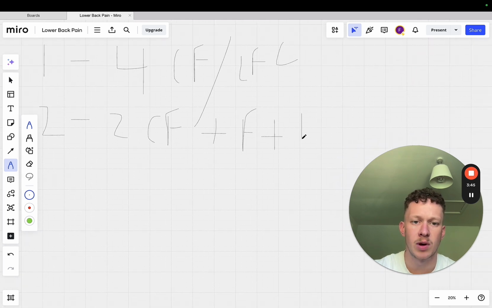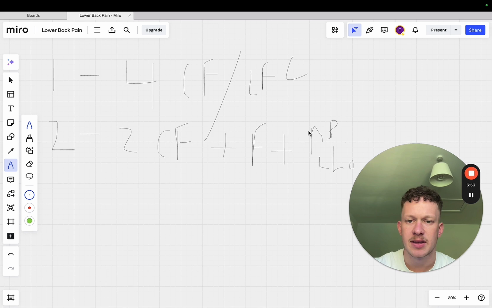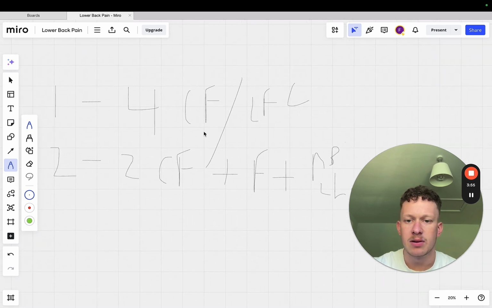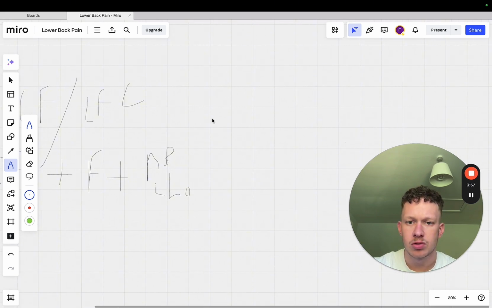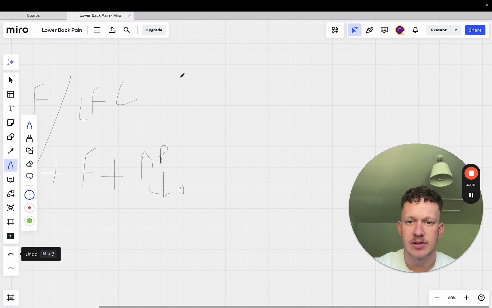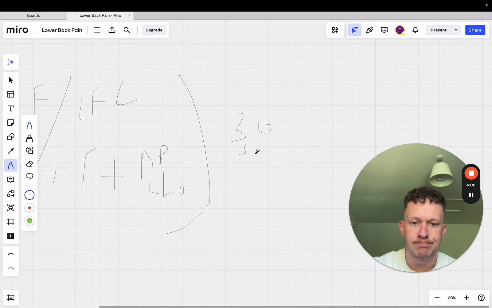So they do some med ball work, and they do some chops, and they also do some lateral work. So some lateral lunges, some curtsy lunges, etc., etc. Okay. So we've got 1, we've got 2. Both of these are going to do Isabel, which is 30 snatches for time.